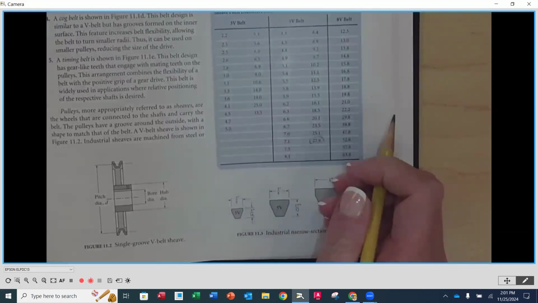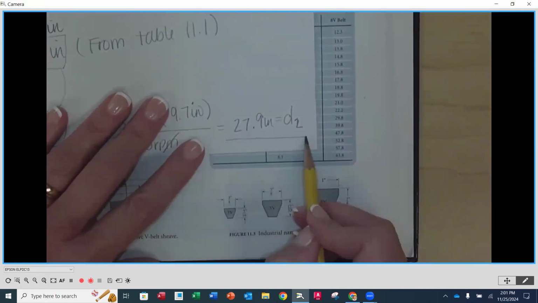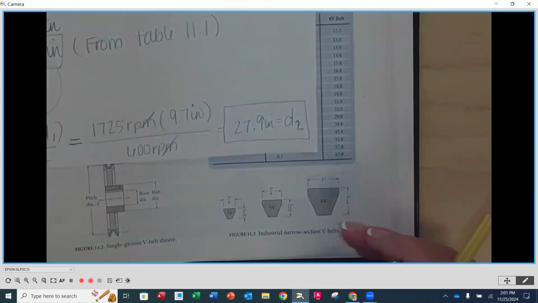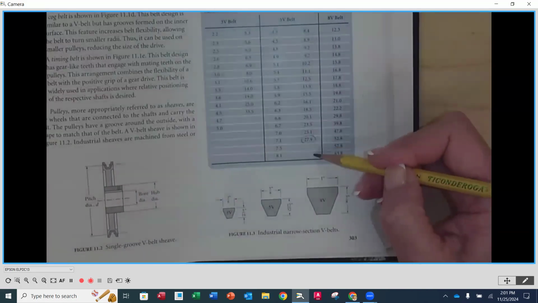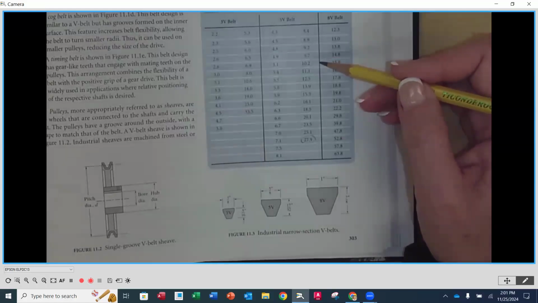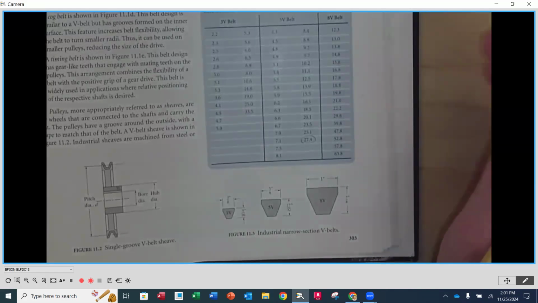So 27.9, it came out exactly right, would be our commercially available D2. Now, if it is different, either larger or smaller, then what we may have to do is pick a different sheave for the D1 and then go through that same process again. Does that make sense to everybody? Okay.